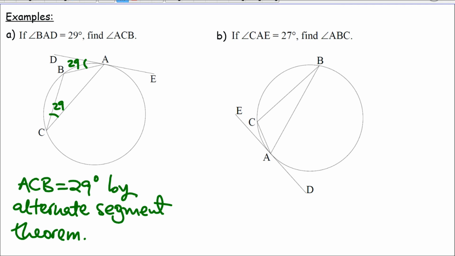And the same applies in this question. If CAE is 27, this is 27, it means that this angle here will be 27 as well. Okay, so you can just go ahead and say ABC will be 27 degrees.